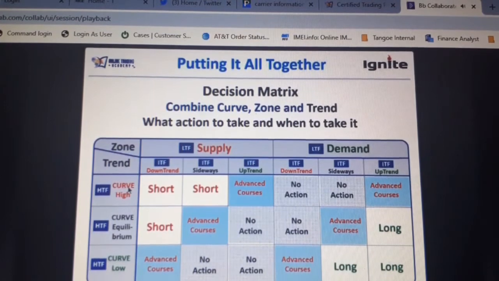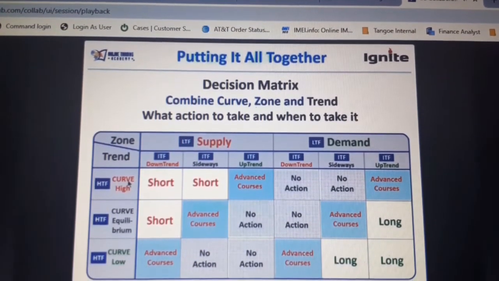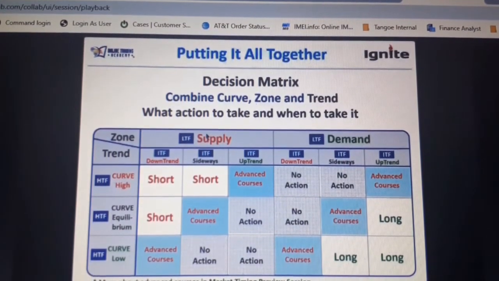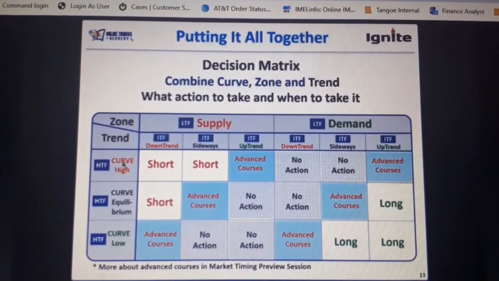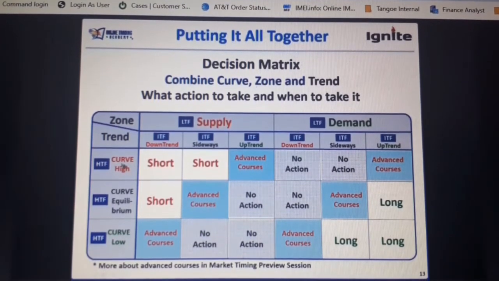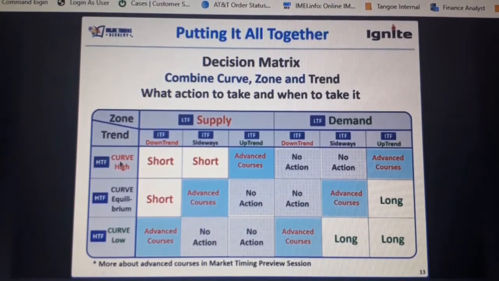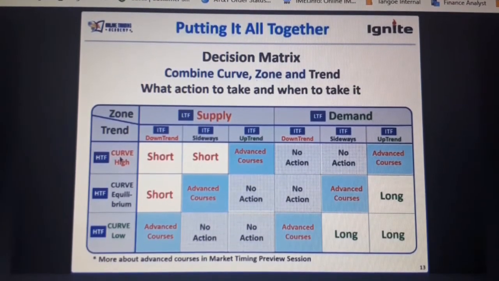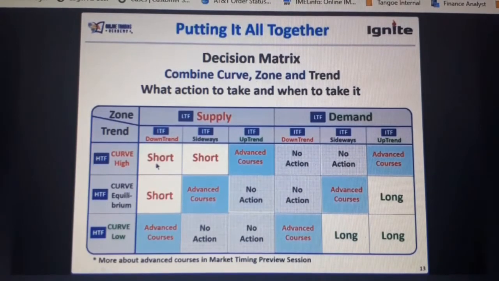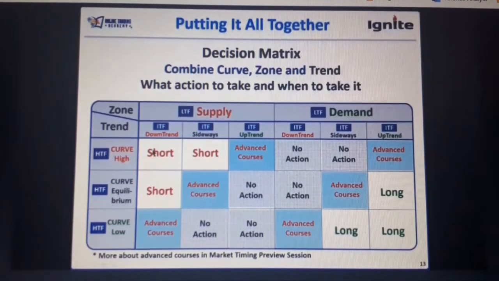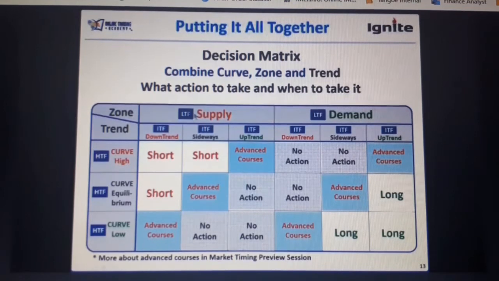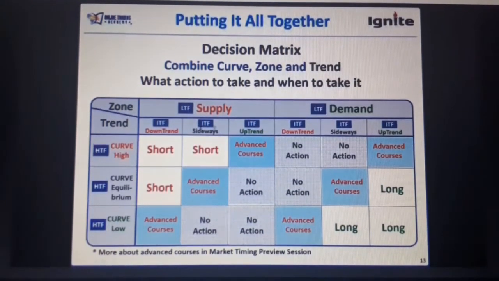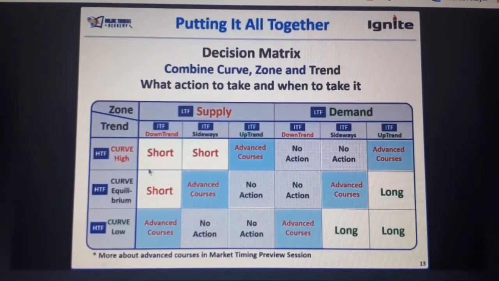If your lower time frame supply zone is closer to your higher time frame supply zone, in the retail pricing area or on the high of the curve, then you can go short. If you have a lower time frame supply zone closer to your higher time frame supply and the trend is sideways, then you can go short.